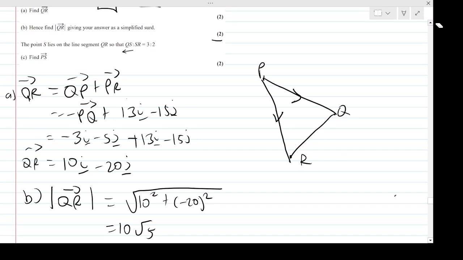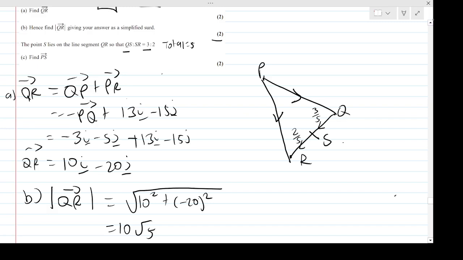So overall the total is 5 parts, the whole line QR. Then Q to S is 3 parts, so it's 3/5 of the line. That's going to be S. Then the remaining part from S to R is 2/5. And there we are, okay.